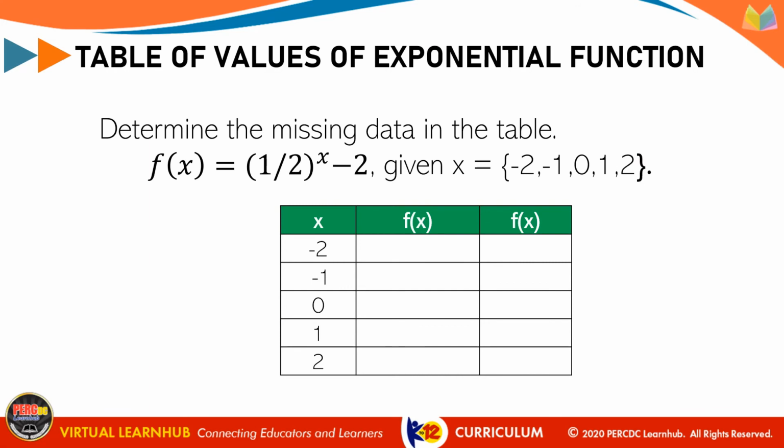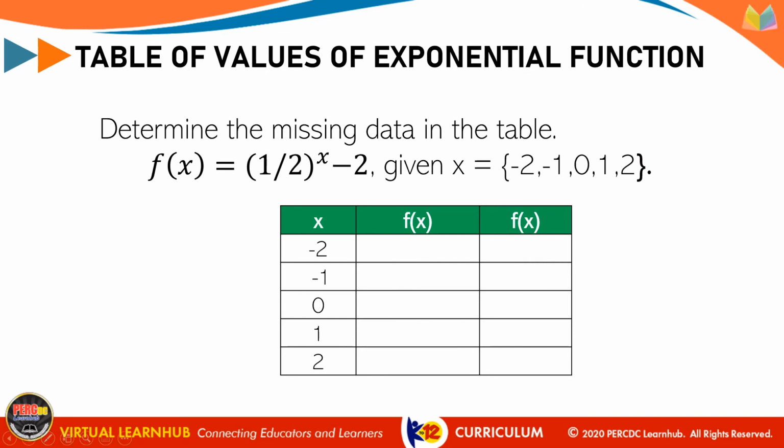Another instance is this. What if our base is greater than 0 but less than 1? So for this example, determine the missing data in the table f of x equals 1/2 raised to x minus 2, given that x is a set that contains negative 2, negative 1, 0, 1, and 2.